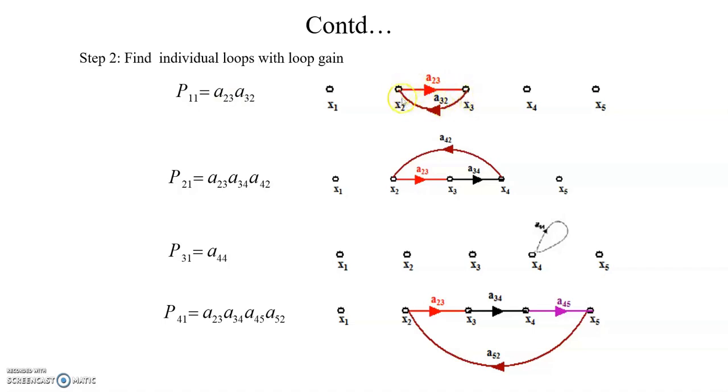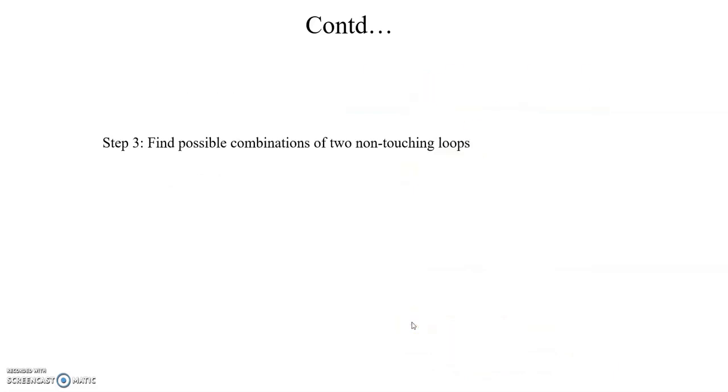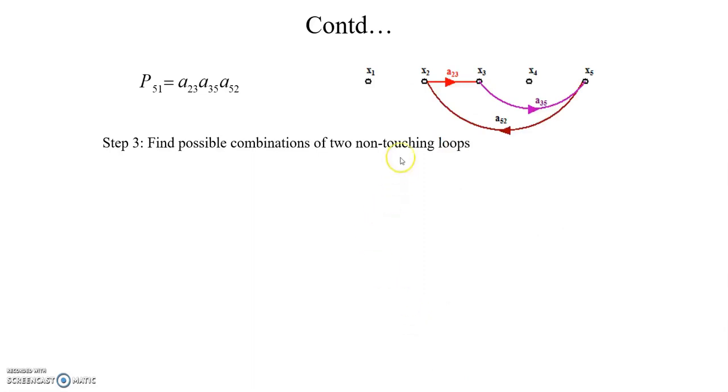So this is one of the loops for the given problem, and another loop is this one, x2, x3, x4 and then x2, and x4 is one of the loops. Next one is x2, x3, x4, x5, x2. Next loop is this one, x2, x3 and then x5 and then x2. These are all the 5 loops.